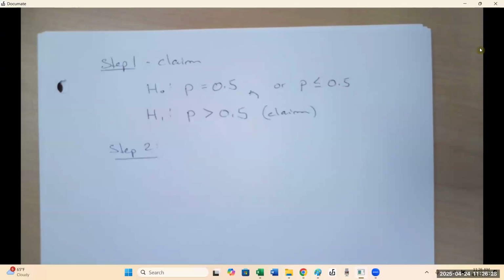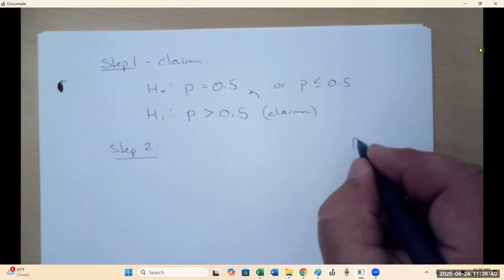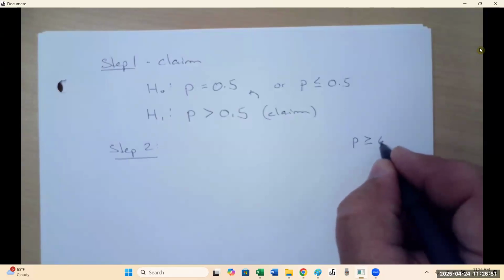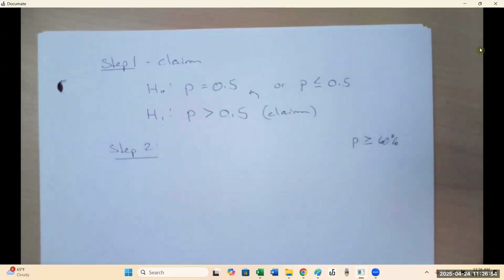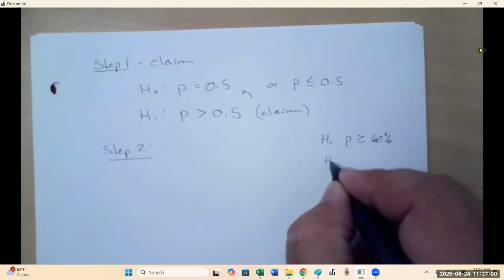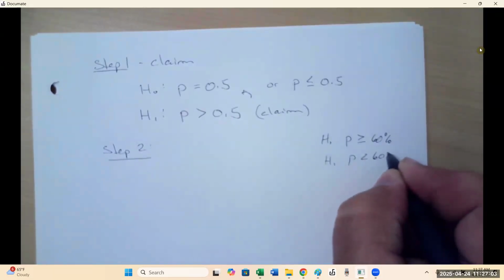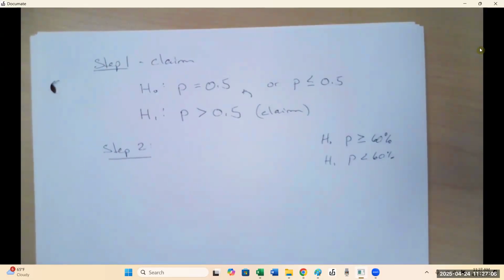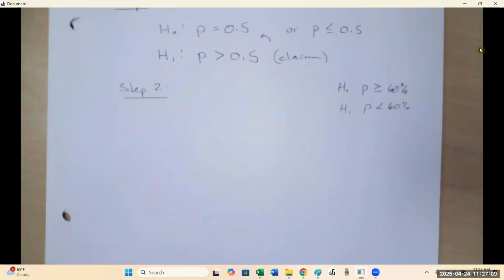What if the statement said at least 60% of those surveyed used two-factor authentication? At least means greater than or equal to 60%. So that's H0, and H1 would be less than 60%. So it's not always going to give you one or the other, it'll give you what it gives you.